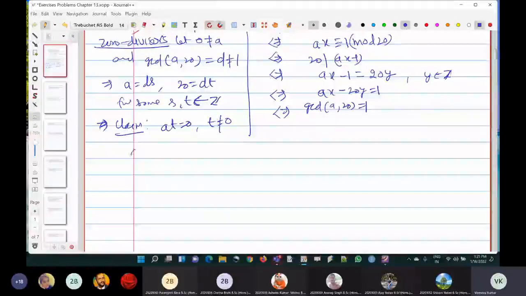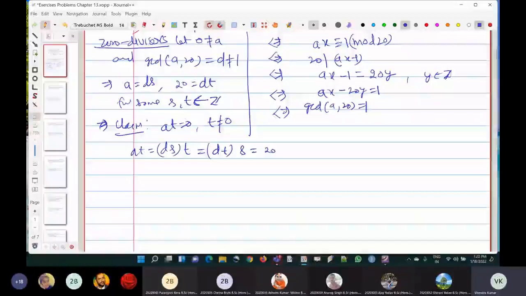Fine. So we can consider a times t. a is nothing but ds, so we can write ds times t. Because they are integers, they commute, so we can write dt times s, and dt is equal to 20 here.